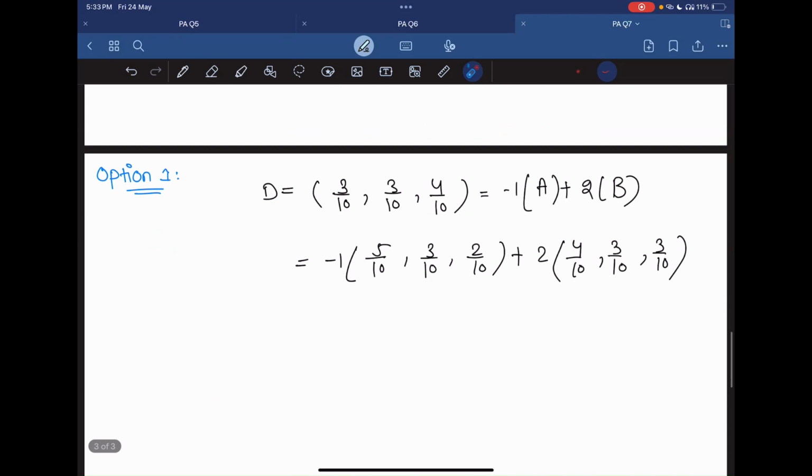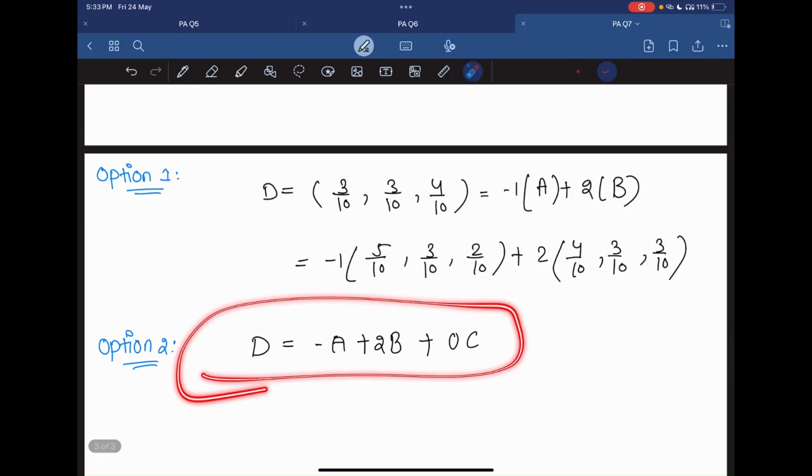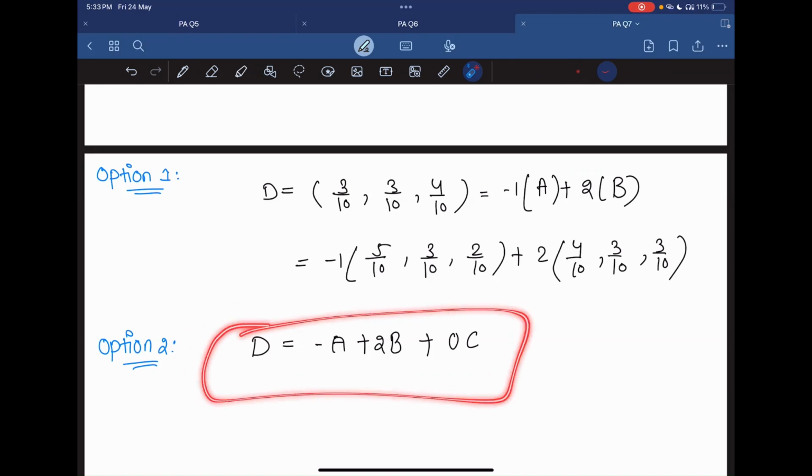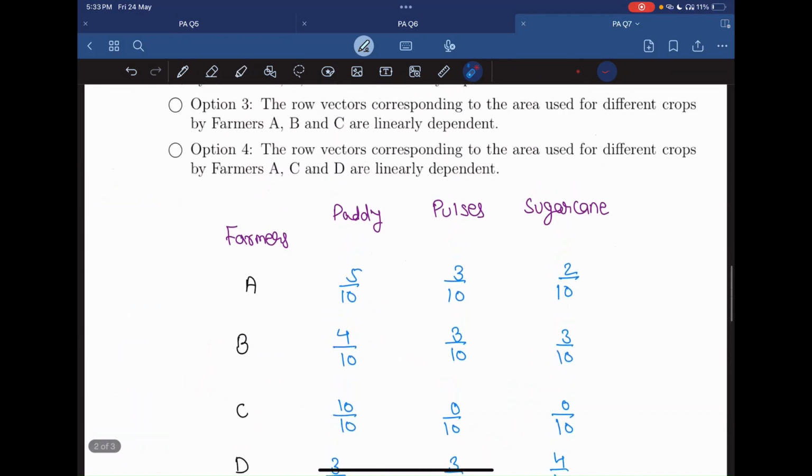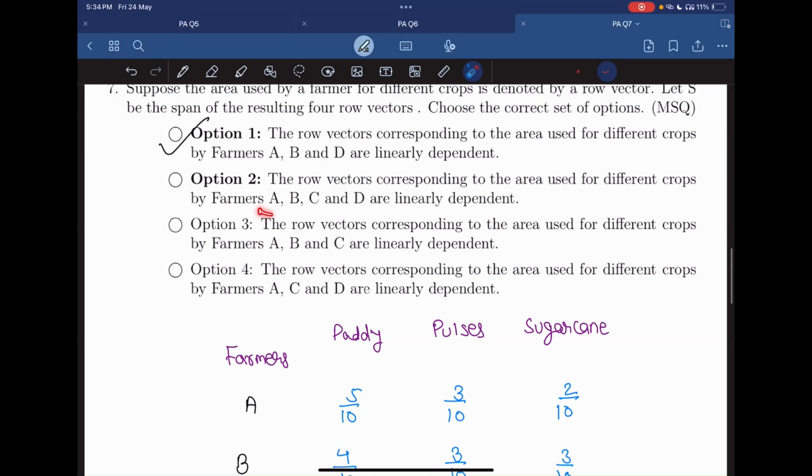Another way we can use is, as just now we found that D is equal to minus A plus 2B, and we can also add 0 times C. So here D is a linear combination of the 3 remaining vectors. So that means A, B, C, D are linearly dependent. Hence option 2 is correct.